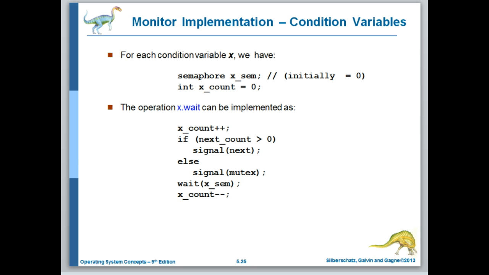If next count is greater than 0, meaning that there is some process waiting to re-enter its method within the monitor, then signal that process. Remember that the process being signaled out of next implicitly acquires the mutex. Otherwise, release the mutex and then wait ourselves on the semaphore associated with the condition variable.